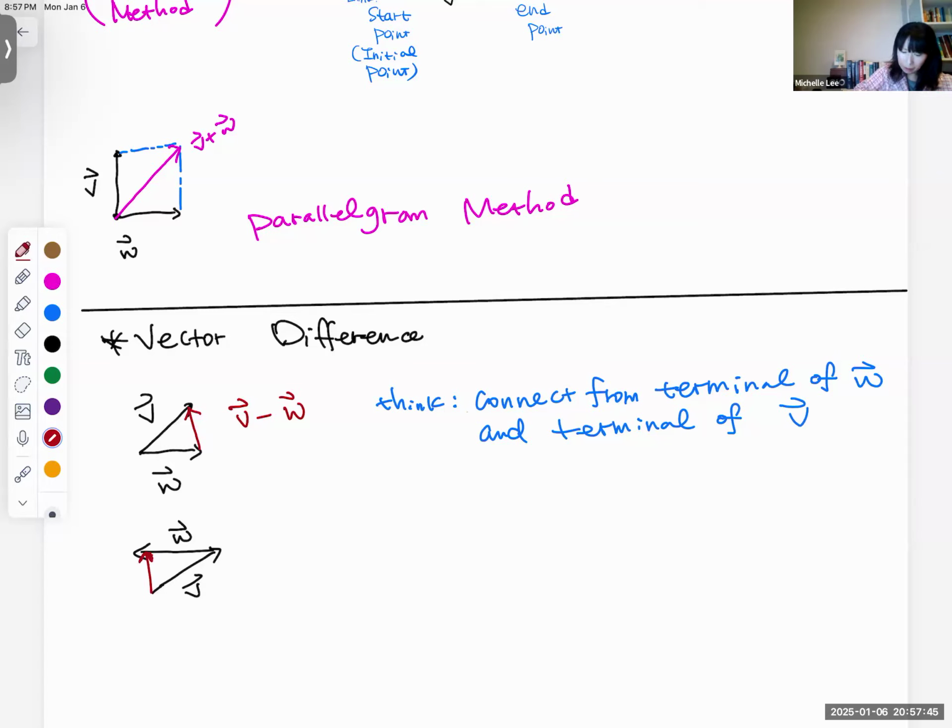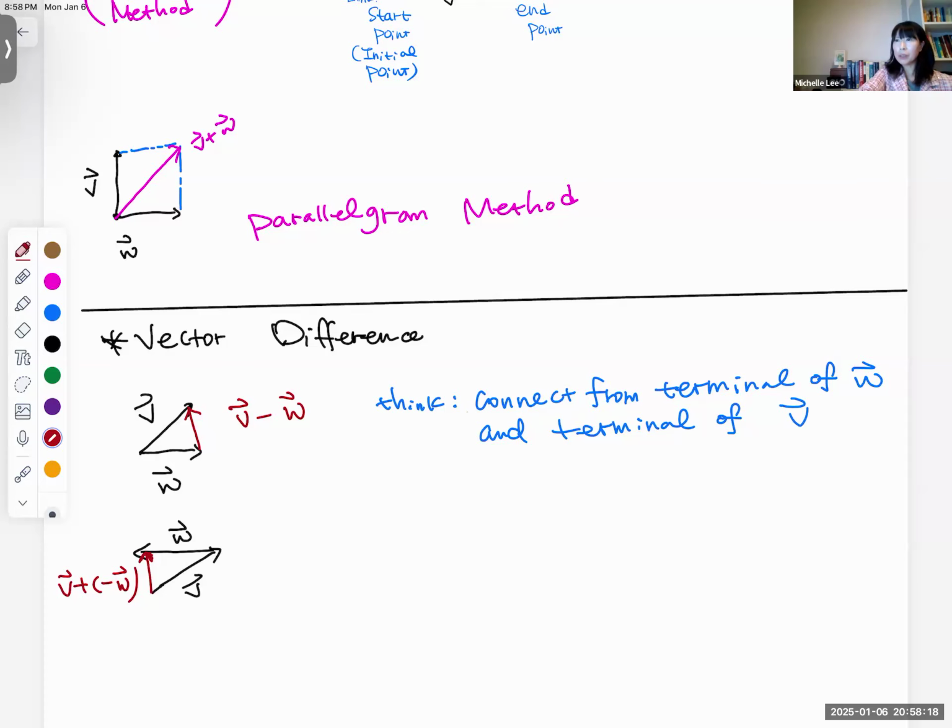So that will be v plus negative w, the same as v minus w. Is it okay? Because we are using this one as the opposite direction. So I don't have to write it down.